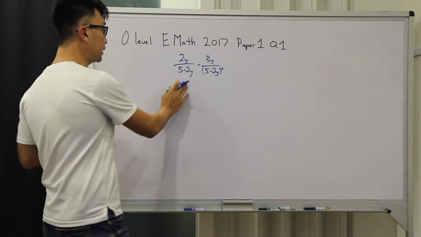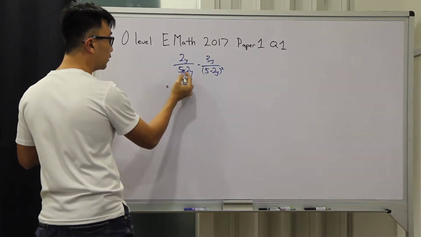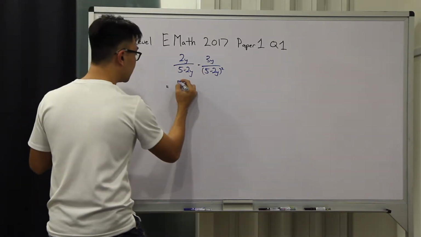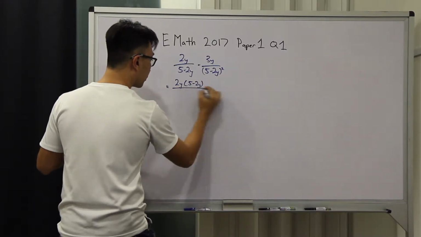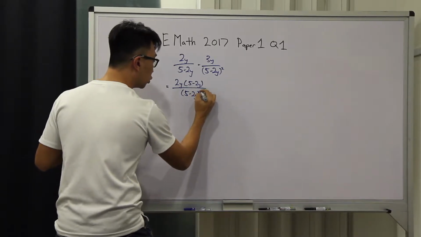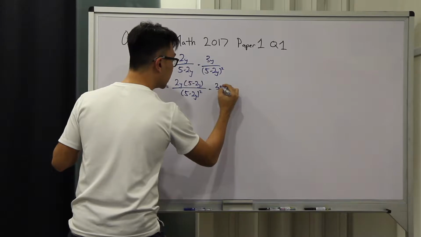So in order to make the first fraction having the same denominator, we need to multiply by (5 - 2y) on the numerator and the denominator. So the denominator will become (5 - 2y)². And we have the second fraction here.